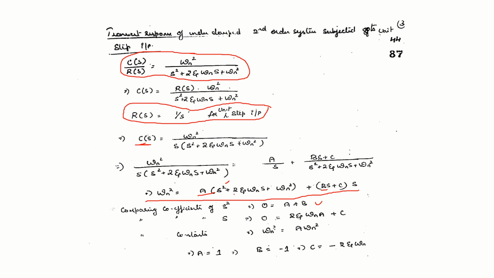Then I'll compare coefficients of s, I'll get 2 zeta omega n a here, then c here, so 2 zeta omega n a plus c is equal to 0. Then I'll compare coefficients of s to the power of 0, I'll get omega n square here, and here also a omega n square, correct? So from here I can get a value equal to 1. Substituting a here, I'll get c value. So a value is 1, so b value also I can get. So this is how I get the values of a, b and c, and let us substitute into these equations.